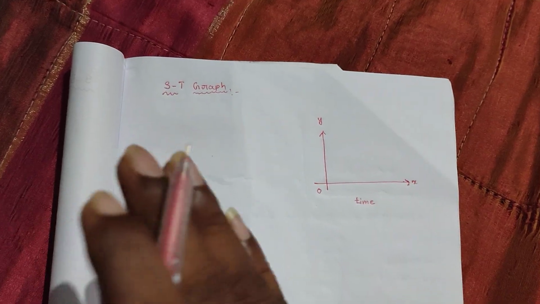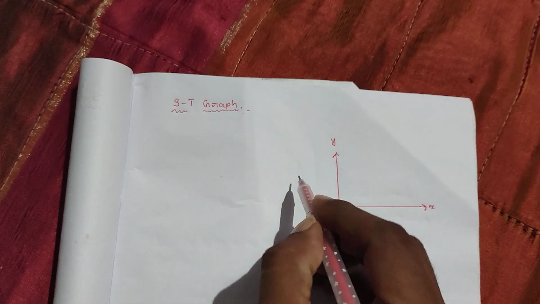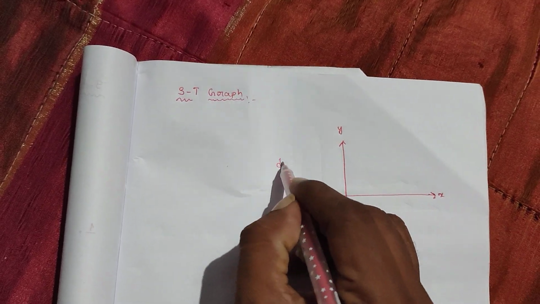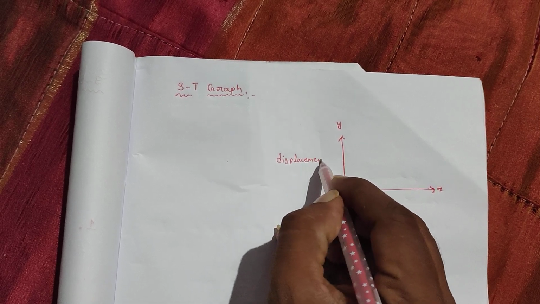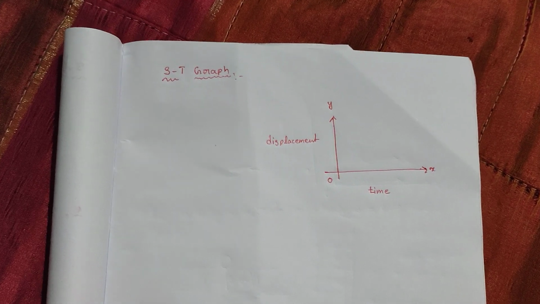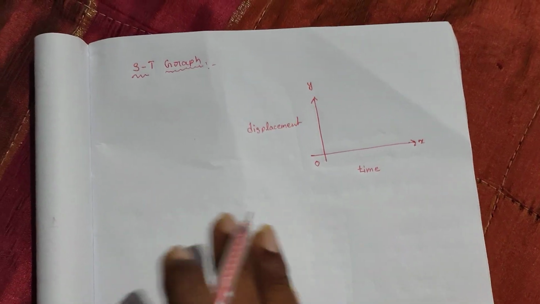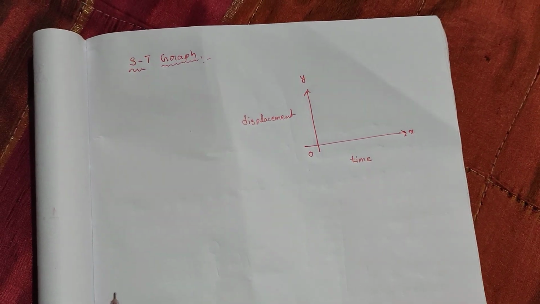But displacement is depending on time. Due to that reason, displacement values we have to consider on the y axis. Okay, have you understood this point? Here displacement is on the y axis and time on the x axis.